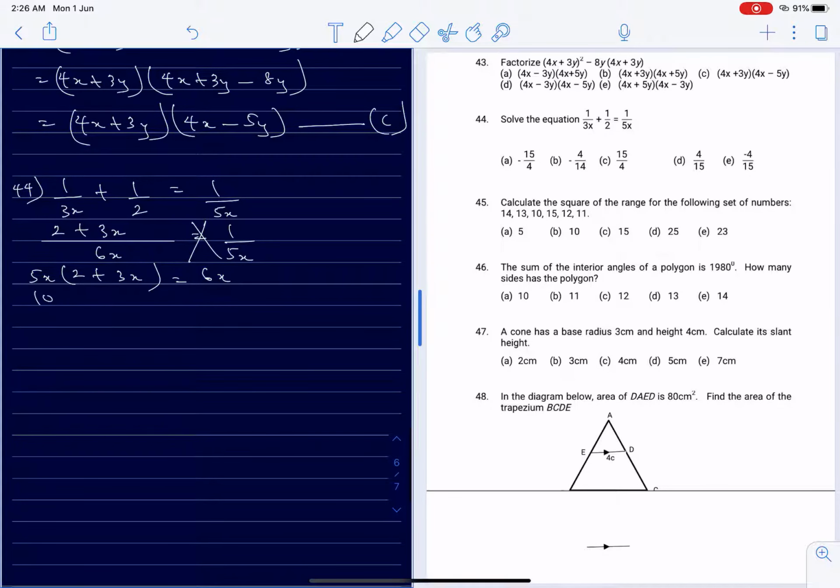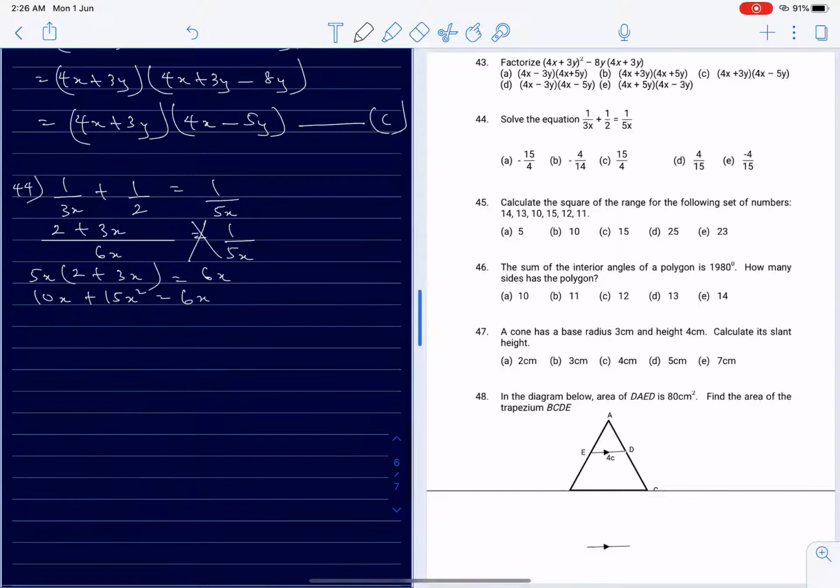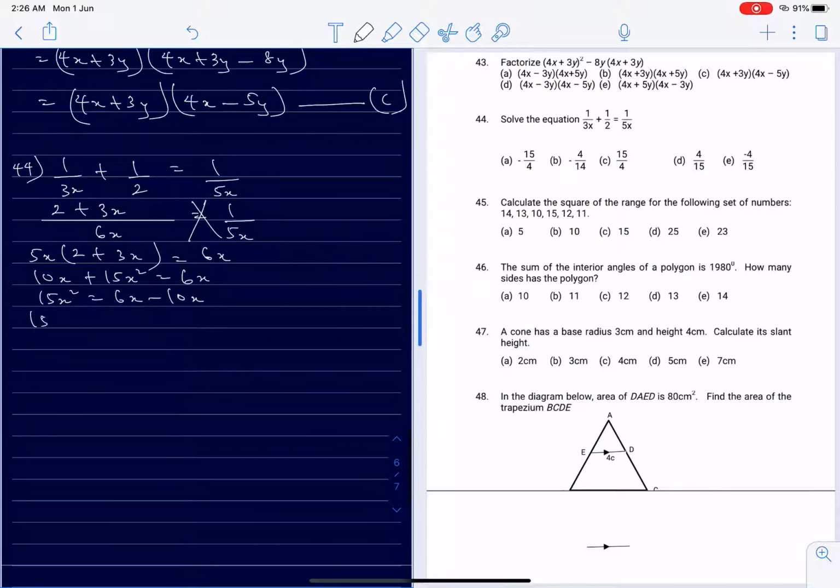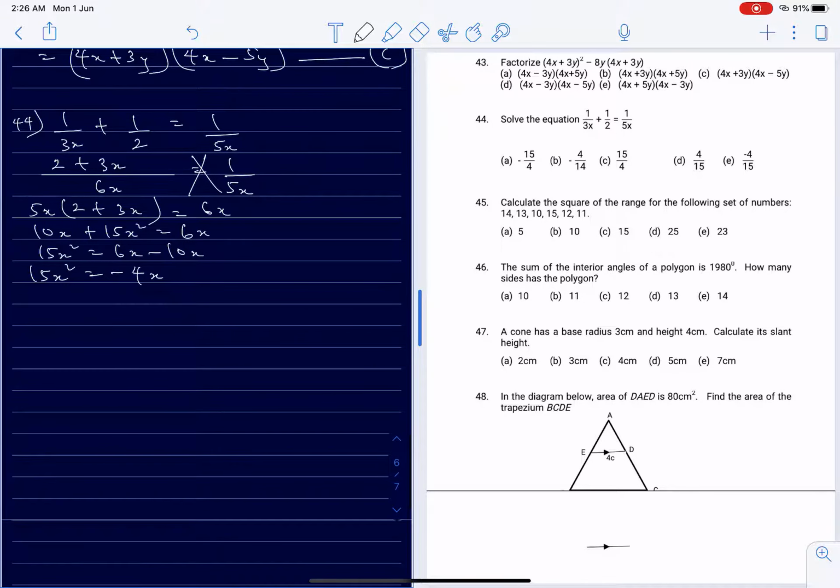And now that becomes, if I open the bracket here, 10x plus 15x squared equals 6x, which means 15x squared equals 6x minus 10x. That's taking 10x to the right hand side. And that means 15x squared equals 6x minus 10x is minus 4x.